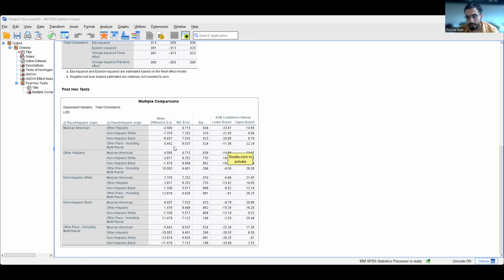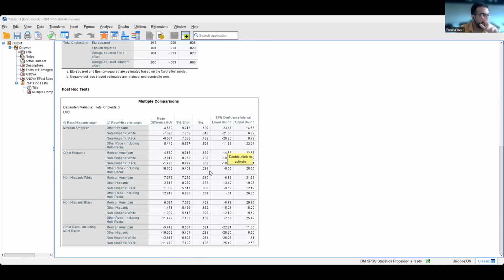But let's say my F-test statistic is significant. So let's look at the post-hoc test. Here, since the F-test statistic is not significant, you will not find any significant p-value under the significance column. There is no significant p-value here.